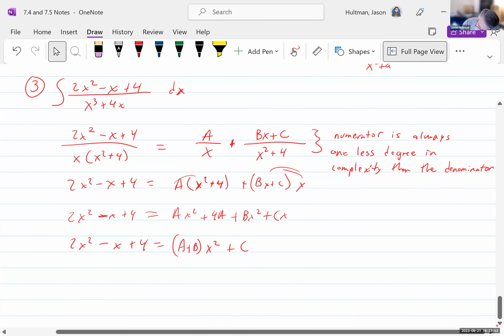And then I'm going to put the cx there and the 4a there. So what does this tell me? This tells me that a plus b had to be 2. This tells me that c has to be -1 and that a had to be 1, because the 4a has to be 4.